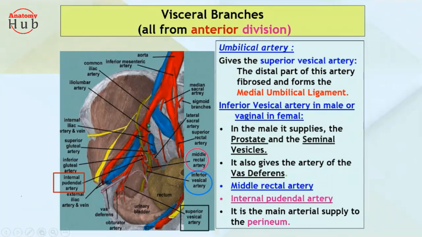And from the internal iliac artery, one branch is coming as the middle rectal artery. Also it has an inferior rectal artery, that is coming from your pudendal artery, right? So all these are supplying to the rectum over here.